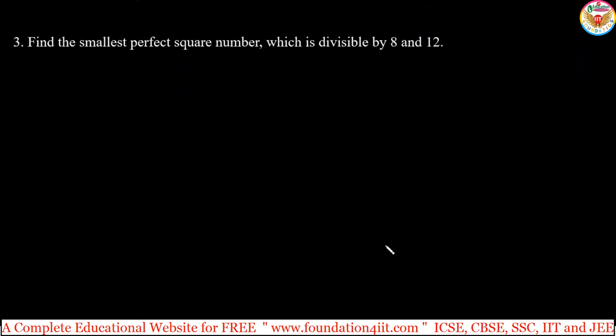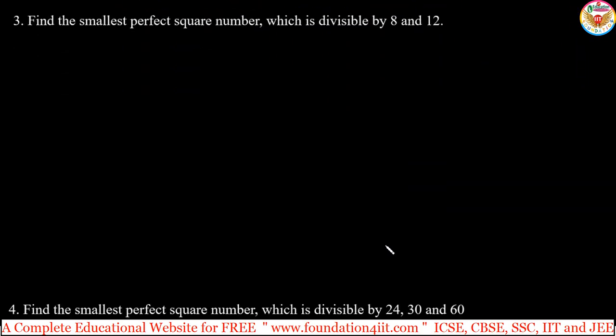Yeah, here are two questions which are similar, showing both. Find the smallest perfect square number which is divisible by 8 and 12. Next question also same. How to do this? The required smallest perfect square number is divisible by 8 and 12.